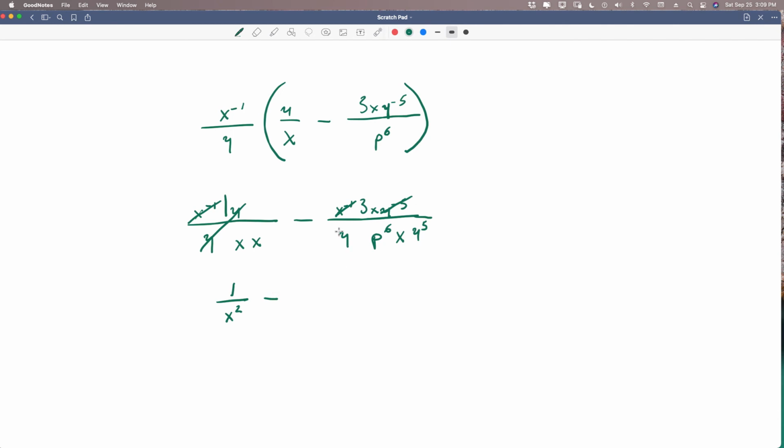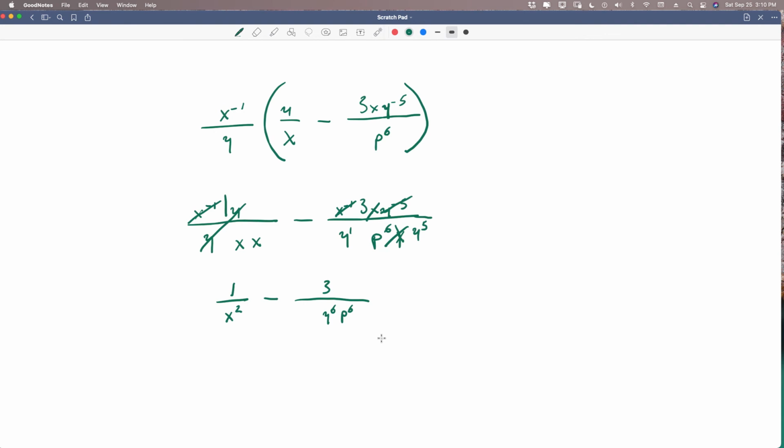Minus, and we have the line here. We have 3x on top. Actually, technically, we can go ahead and cancel this x with this x, right? So we only have 3 on the top. And on the bottom, we have y1 and y5, which gives us y6 and p6.